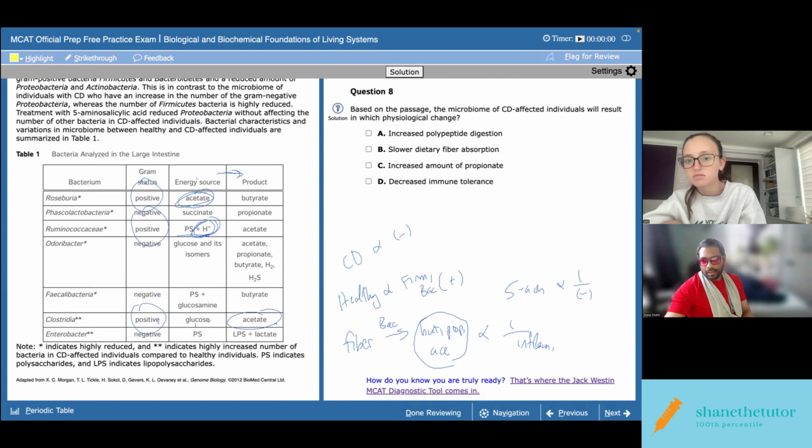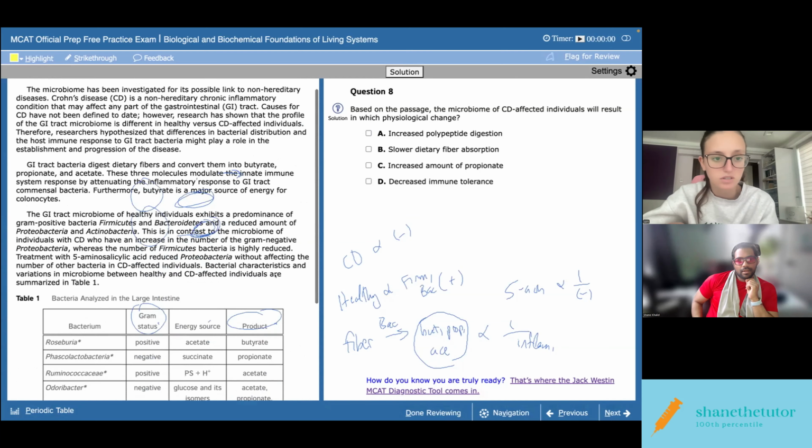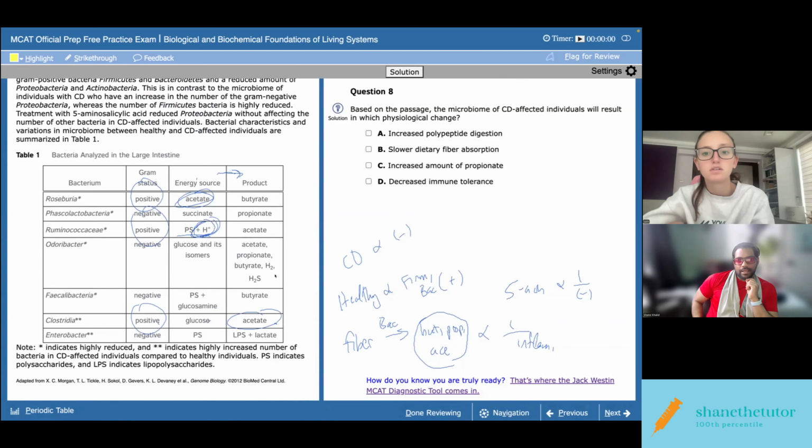Maybe. So A, you're breaking down protein, right? Did we mention anything about that in the passage? In breaking down protein? I don't think so.